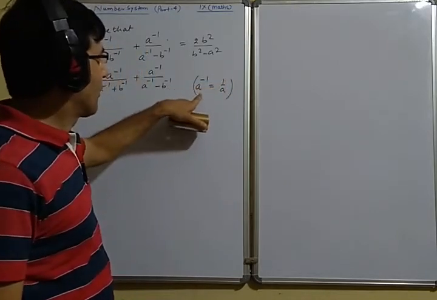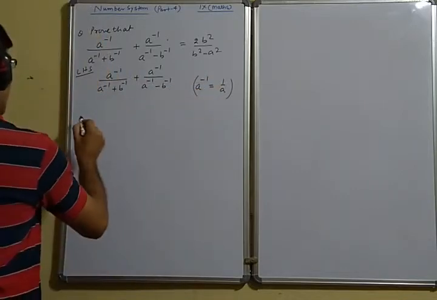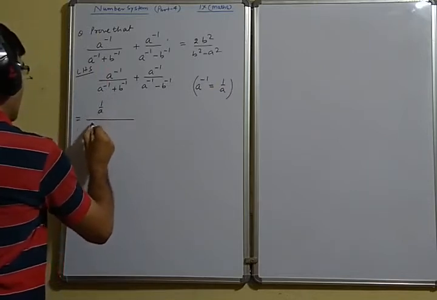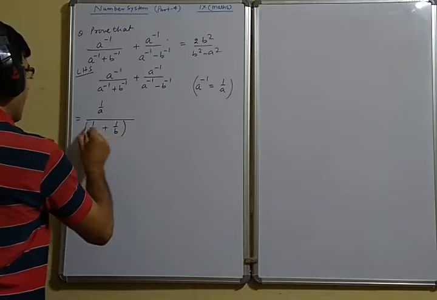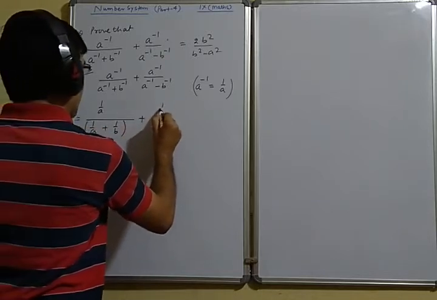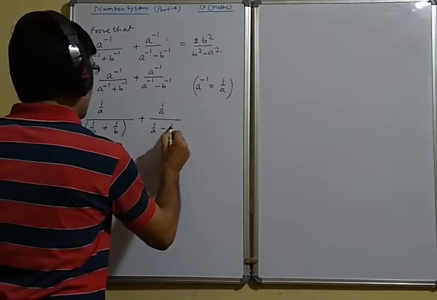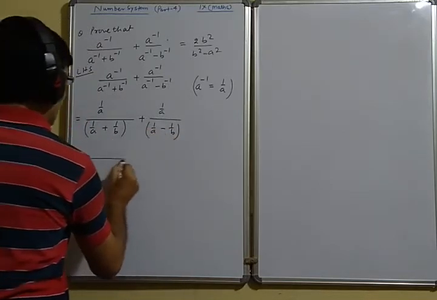So a raised to power minus 1 becomes 1 upon a. So by using this, we can write 1 upon a plus 1 upon b plus 1 upon a minus 1 upon b. Now simplify it.